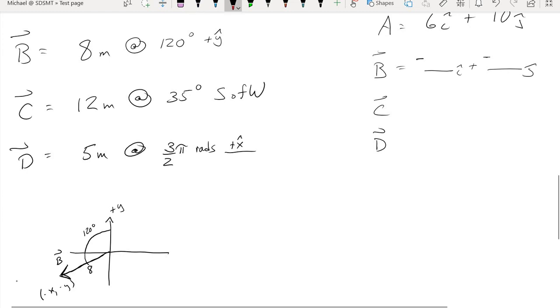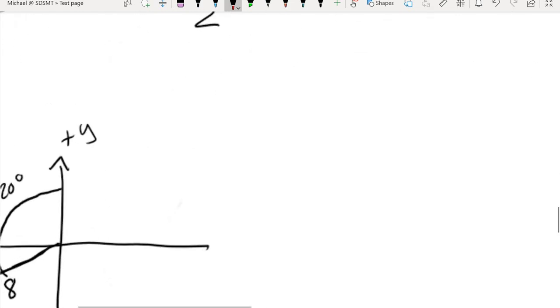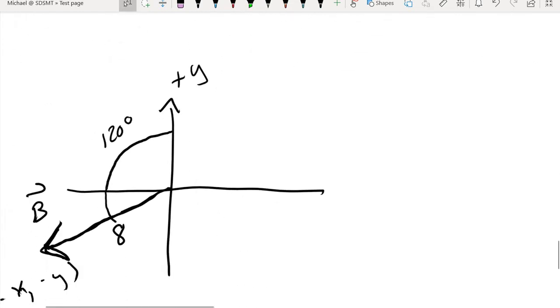Well, let's just go ahead and sketch what those components need to look like. I need one component in the x direction, B of x, and I need one component in the y direction, B of y.